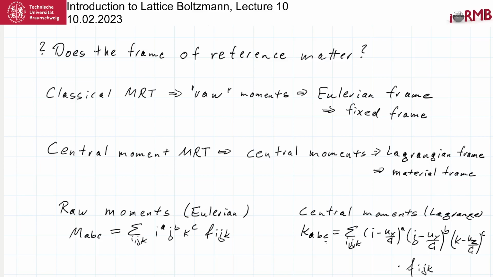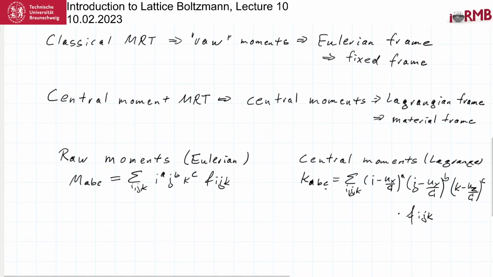So this is the definition of the central moments, and by definition now, put it the other way around. So what is u_x, u_y, and u_z? u_x, u_y, and u_z are the values that you obtain when you set these guys here to 0.